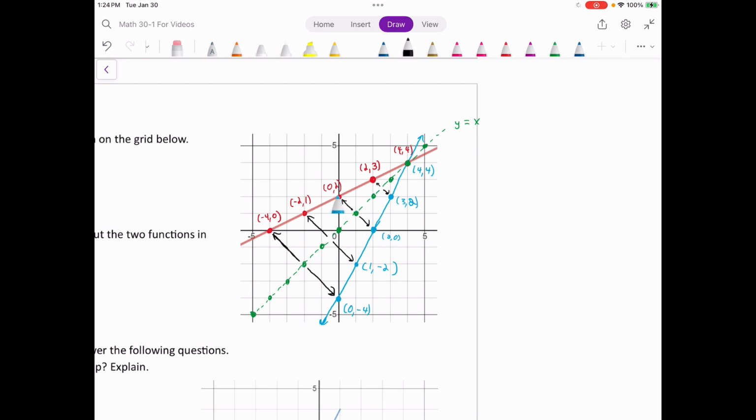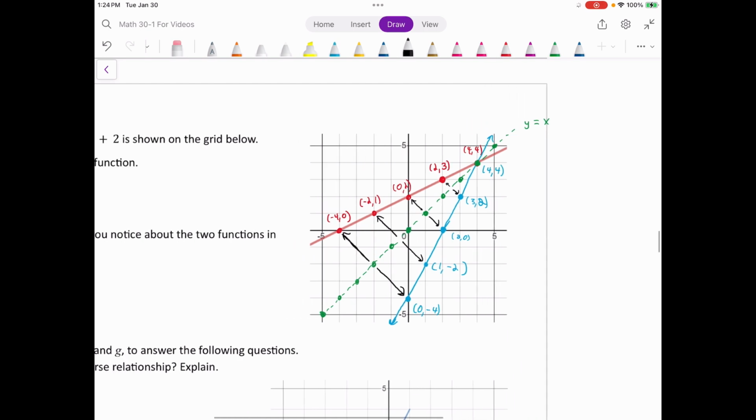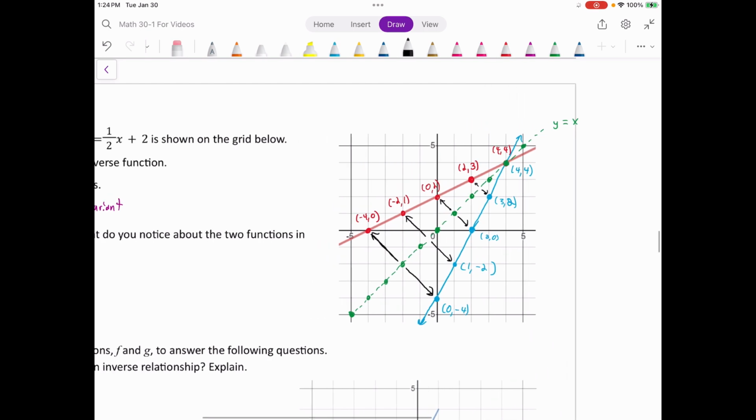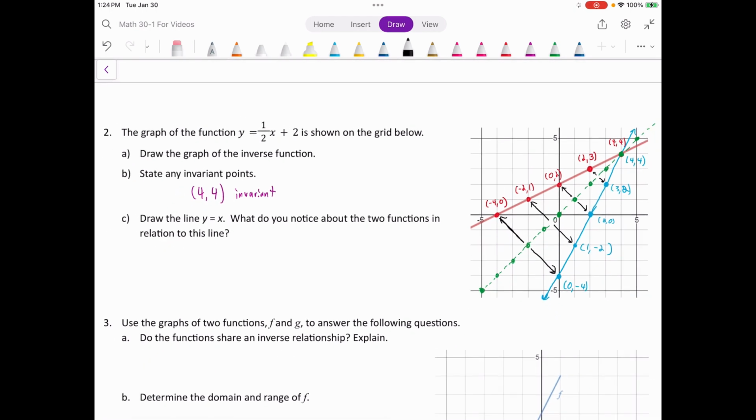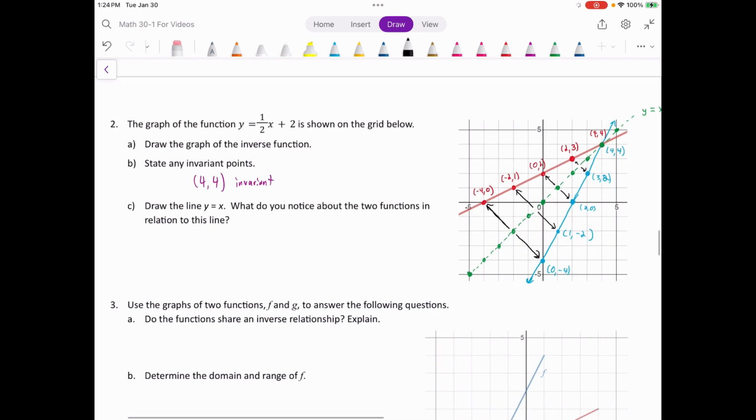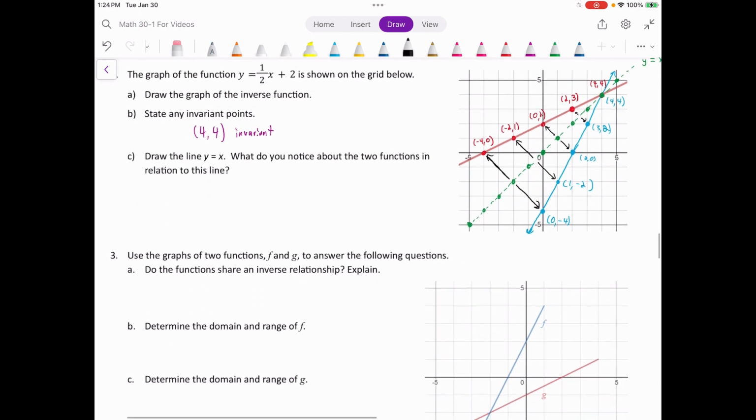And what that always ends up resulting in is I go from here to the line y equals x, and then down by 2 in this case, giving me this effect of reflection across the line y equals x. If we reflect a graph across the line y equals x, we always just end up swapping the y and the x values, or vice versa. If we swap the y and x values, we end up reflecting the graph across the line y equals x.